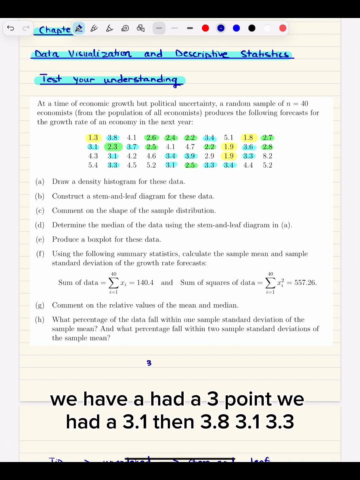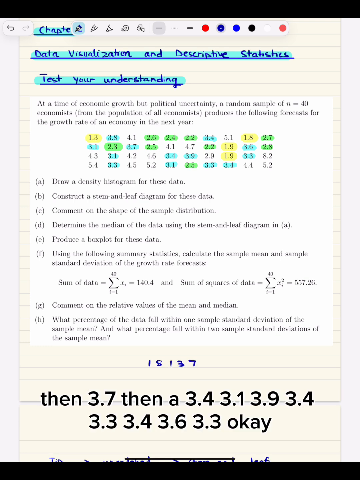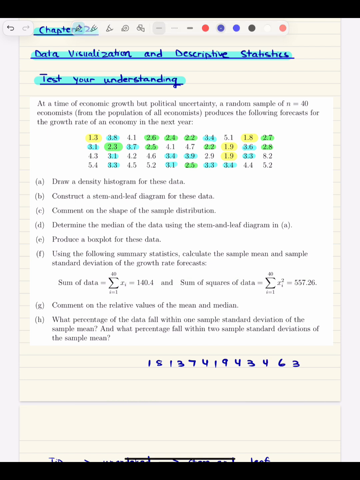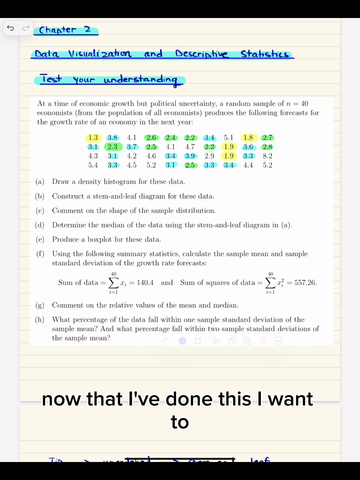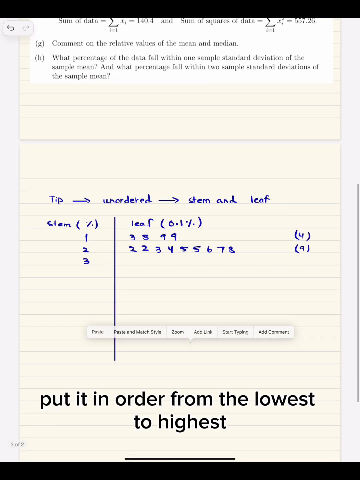We had a 3.1, then 3.8, 3.1, 3.3, then 3.7, then a 3.4, 3.1, 3.9, 3.4, 3.3, 3.4, 3.6, 3.3. Okay, now that I've done this, I want to put it in order from the lowest to highest.